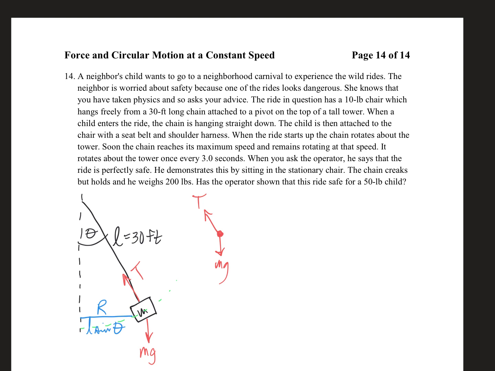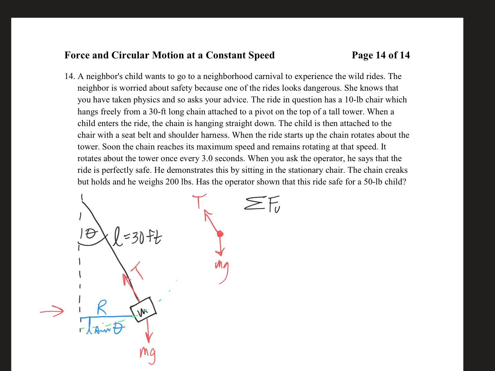Now, if you think down here to blue, why is R equal to L sine theta? Well, it's the trig. This R is opposite the angle, so sine is opposite R over L, so that means I could write R as L sine theta.